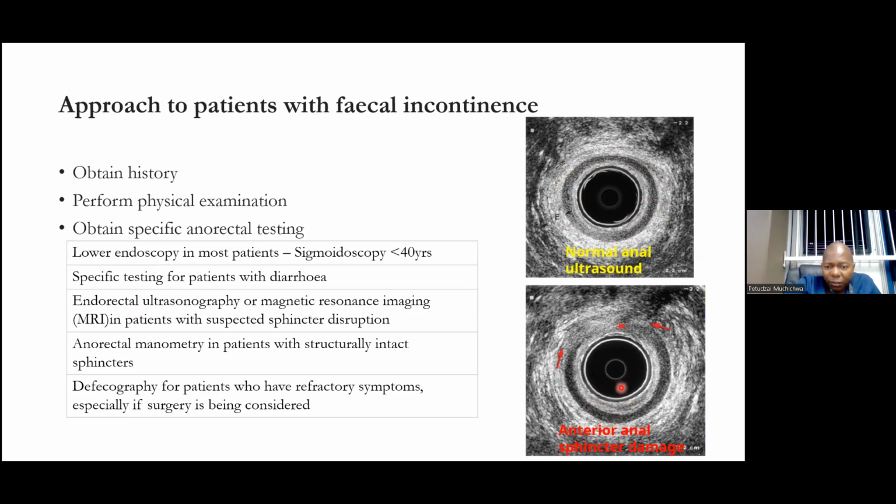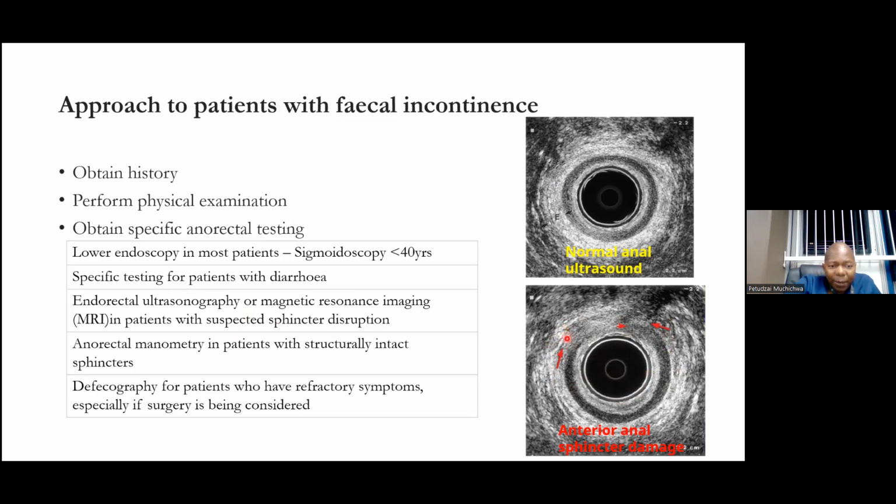So in this slide, I have a patient with an abnormal endorectal ultrasound. As you can see here, there's disruption of the internal anal sphincter, as well as disruption of the external anal sphincter. This is taken from UpToDate. It was an example of a patient that had obstructed labor. So ultrasound is actually quite sensitive in evaluating the internal and external anal sphincter.